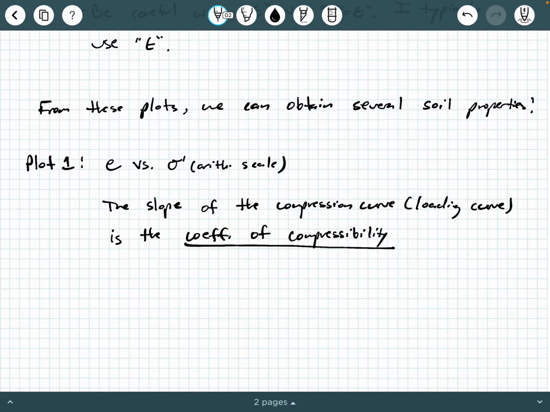And we typically call this little a sub v, okay? And little a sub v is equal to negative dE over d sigma prime. And the negative is introduced because you have a decreasing slope.